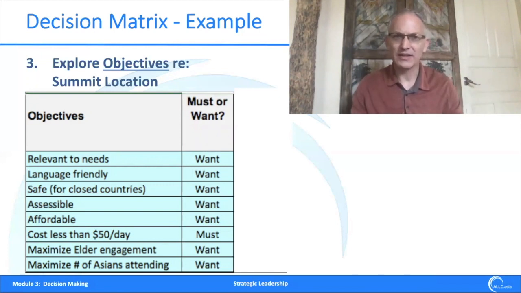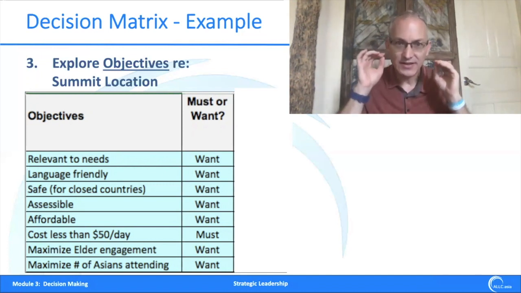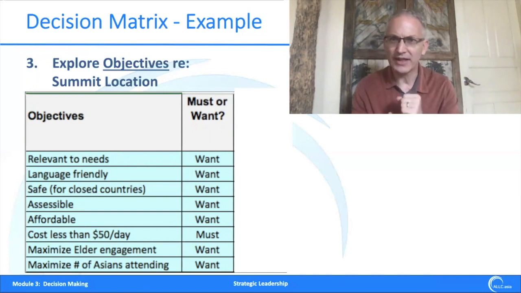Now you'll notice on my list that almost everything's a want. And actually that's normally the way it will be. People have a tendency to identify things as must because it's really important to them, but that's actually not the definition of a must. A must just means it's something that we are not willing to negotiate on. We are willing to set a limit, like in this case, it has to cost less than $50 a day.